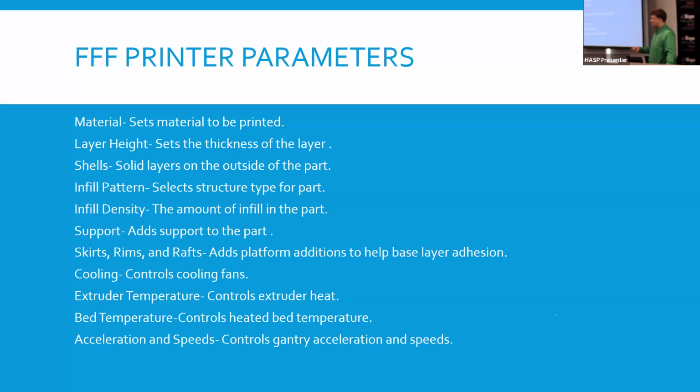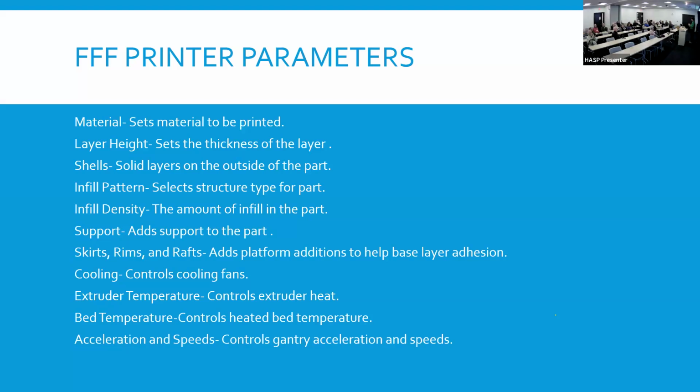Infill pattern. It selects the pattern on the inside of the part. So if you were to break apart this part again, you'll probably see like a honeycomb pattern in here. What that does is different infill patterns can create different properties in the parts.